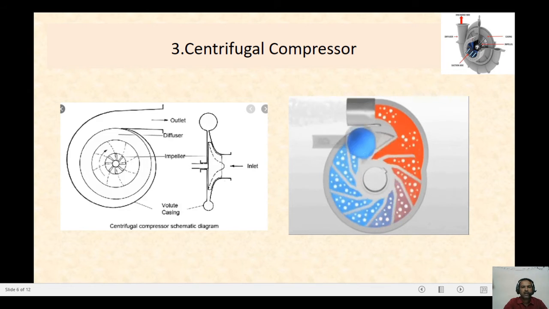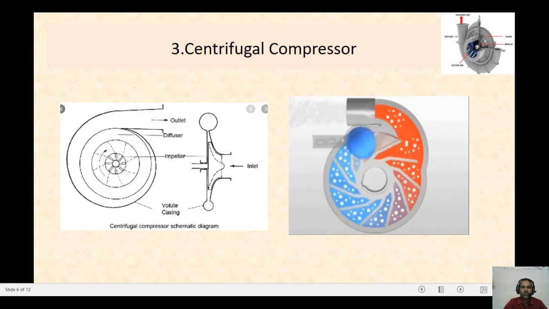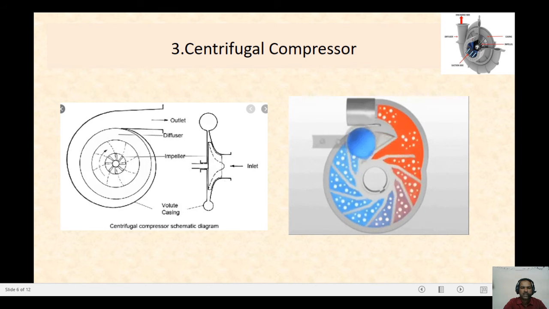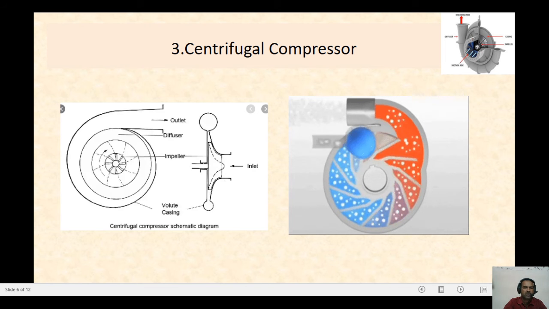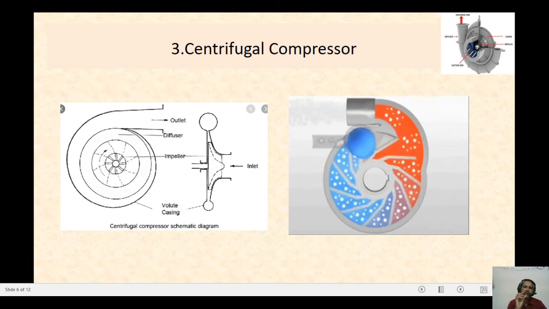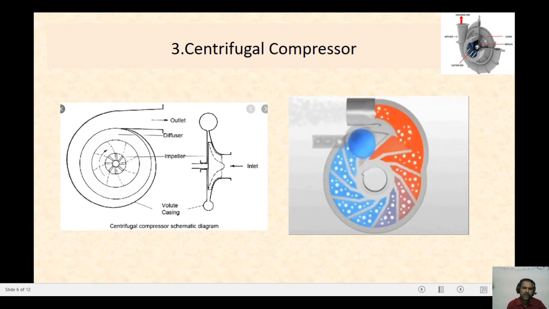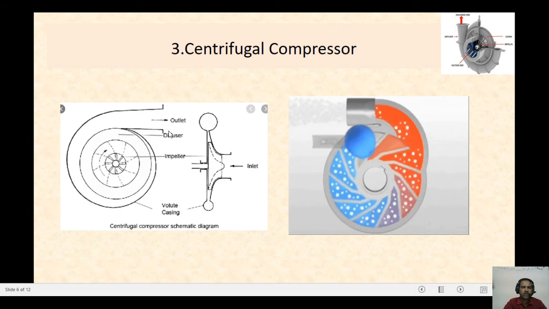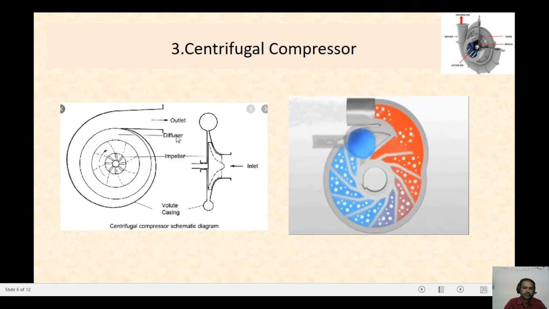As we discussed in the second chapter of applied thermal, you can learn about convergent and divergent nozzles. Just like a divergent nozzle or convergent nozzle, it will work. At the entrance, the main function of the diffuser is to increase the low pressure into high pressure, and to convert the high velocity of the air into low velocity of the air. So that is the main function of the diffuser.